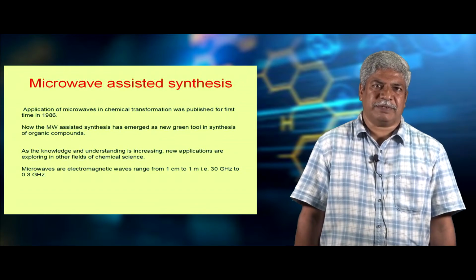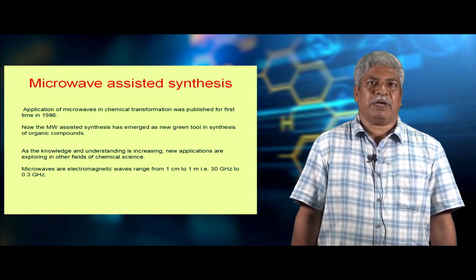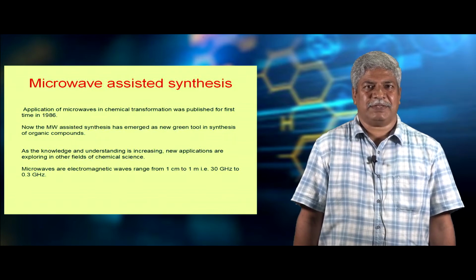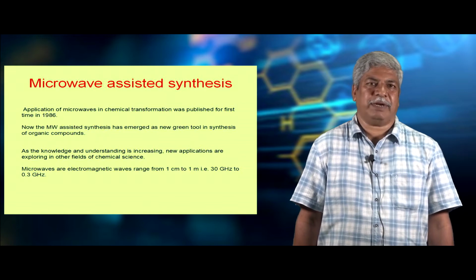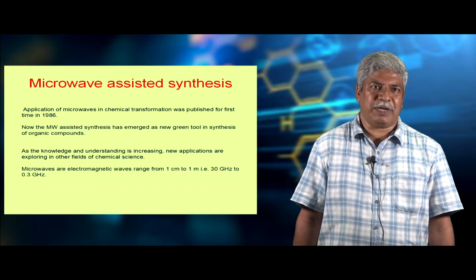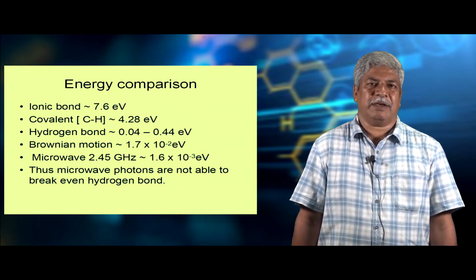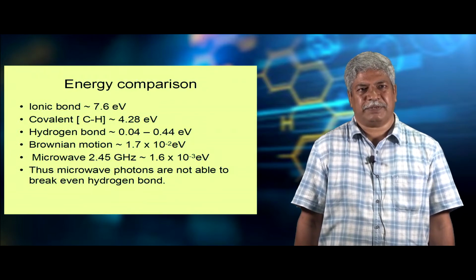What are microwaves? Microwaves are electromagnetic radiations. What are electromagnetic radiations? They have two different parts. One is the electric part, the other one is the magnetic part. These two parts are perpendicular to each other, and not only that, they are perpendicular to the direction of propagation of these waves.